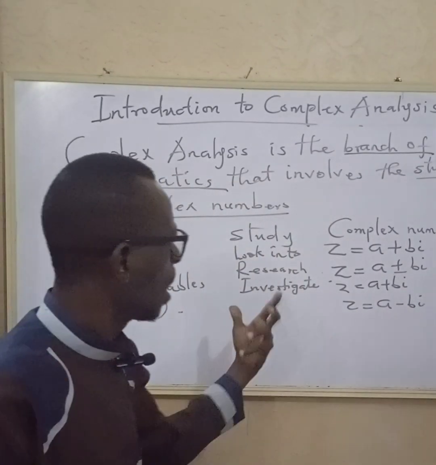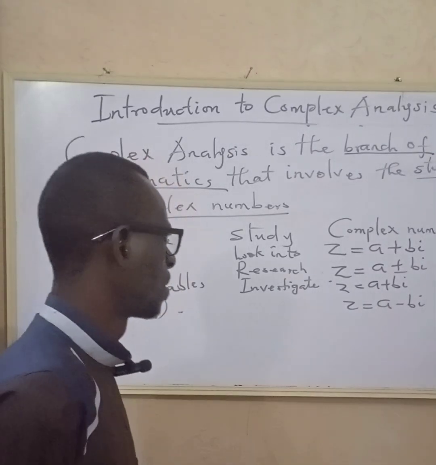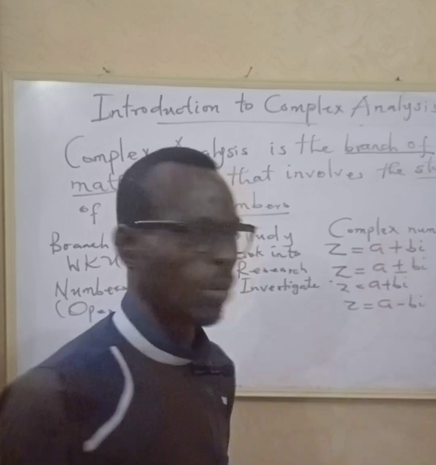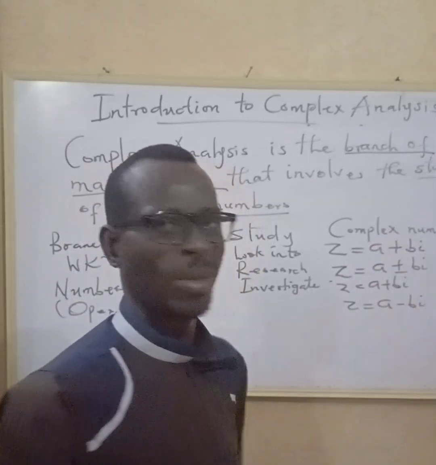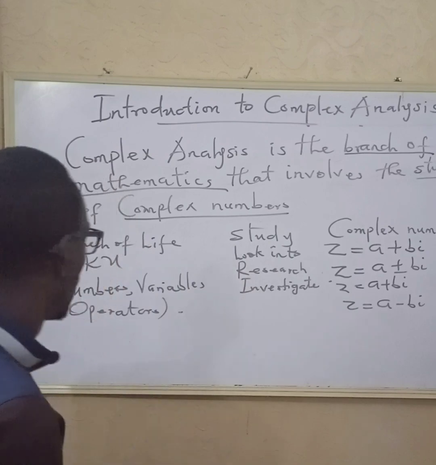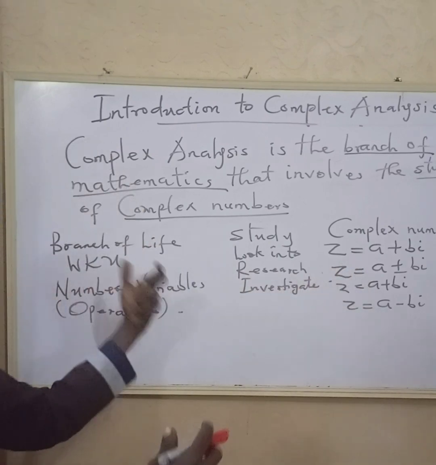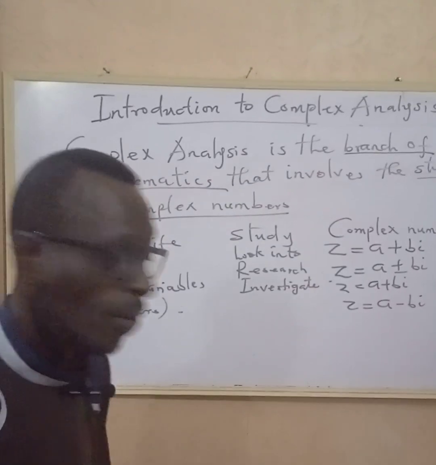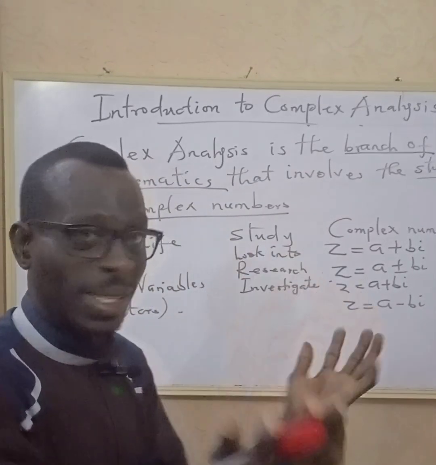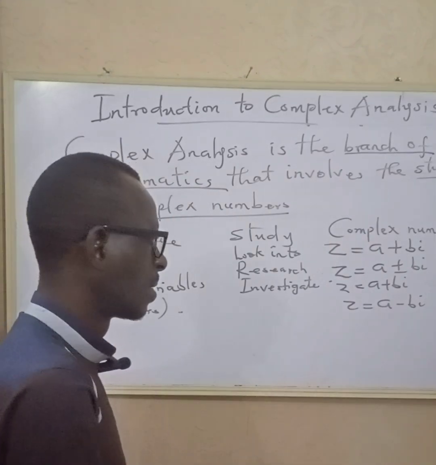And how does this relate to what we have in our environment? What does A stand for? What does B stand for? What does I stand for? Those are the things we have to look into through the study, and also use the branch of life techniques involving the operators to analyze the contents of complex analysis.